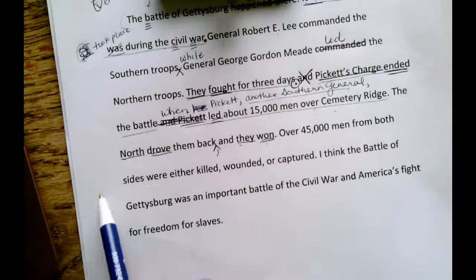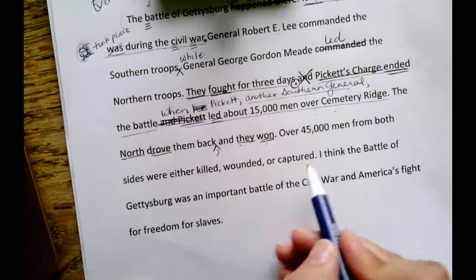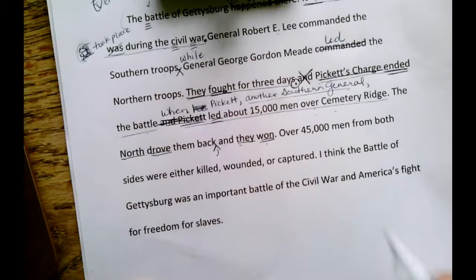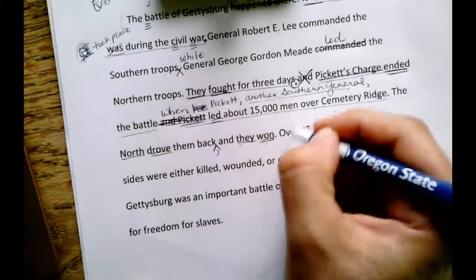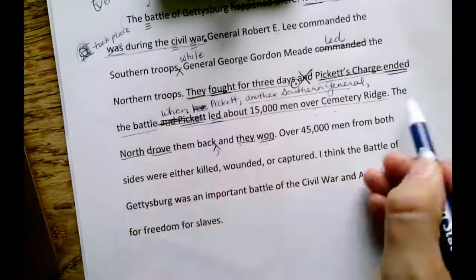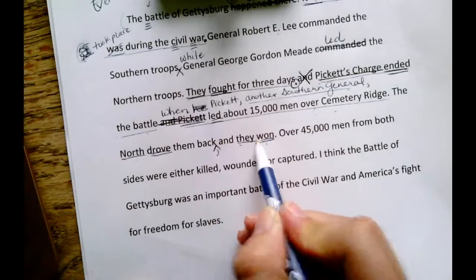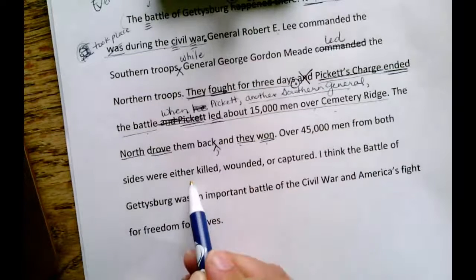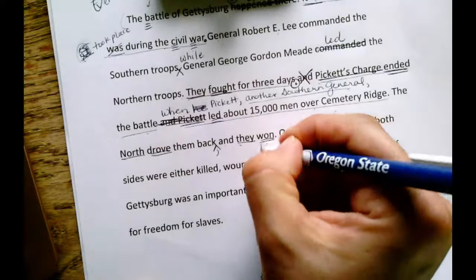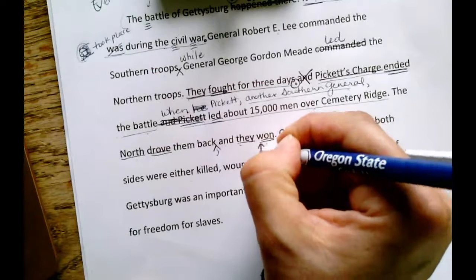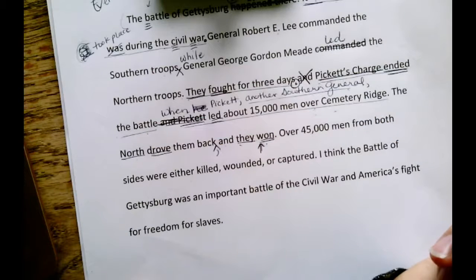Over 45,000 men from both sides were either killed, wounded, or captured. I want to add a word here because I say the North drove them back and they won. You know, a lot of times when we're talking about somebody winning, we think about the good things that happen when you win.